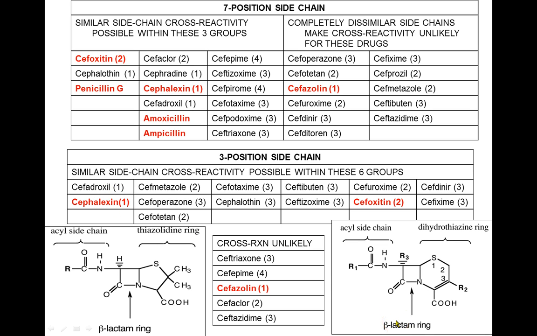And by analyzing this data, we can start to find groups of drugs that are likely to cross-react and certain drugs that are unlikely to cross-react with any other drug. And this is one of the reasons why Kefzol is considered such an ideal drug, because it really doesn't have a lot of cross-reaction with other beta-lactams. You can spend more time on this information yourself, but that's all I want to say about it for now.